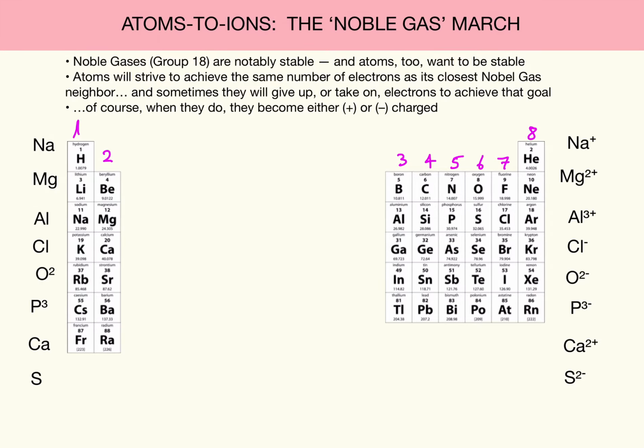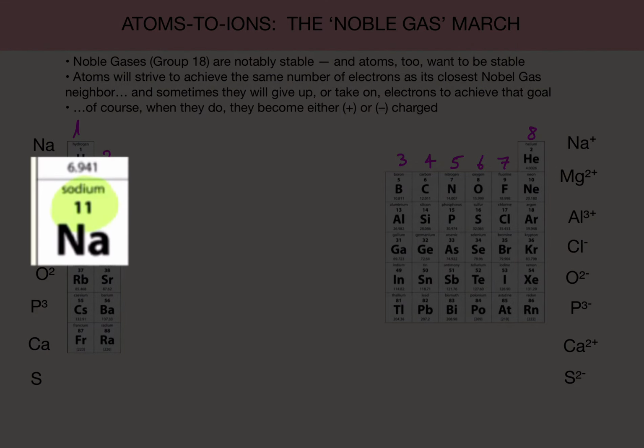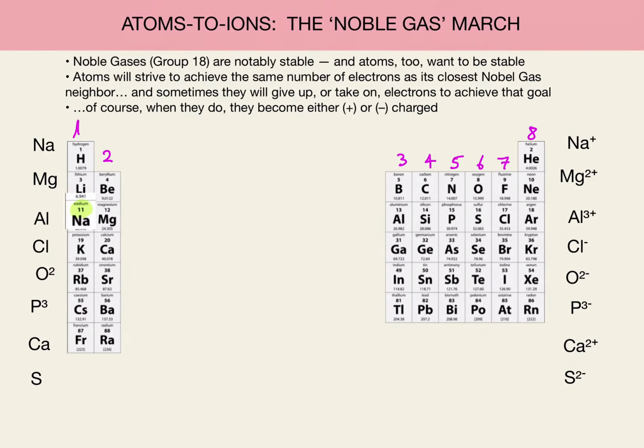Now, let's take a look at why sodium became a +1. Here's sodium, and notice that it has 11 protons, and therefore it has 11 electrons. So for sodium to make its way to the noble gas column, it has two choices. It can march forward until it has 18 electrons.